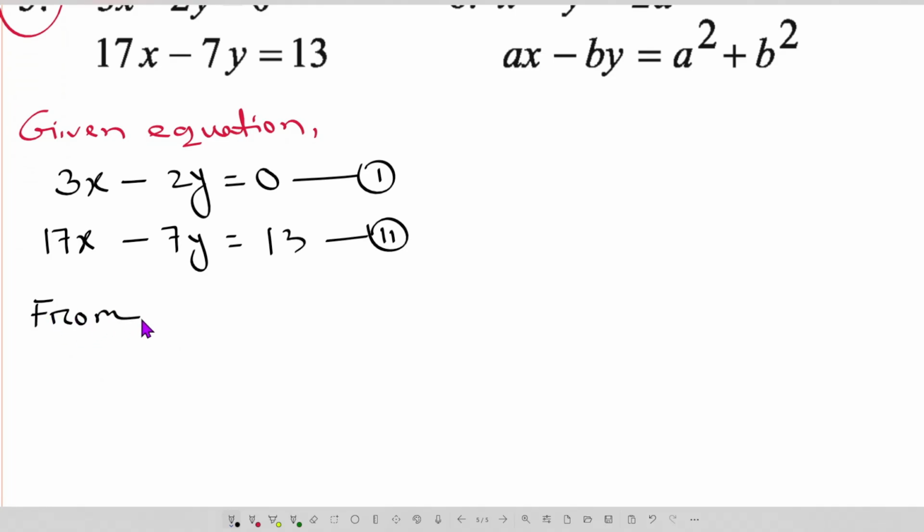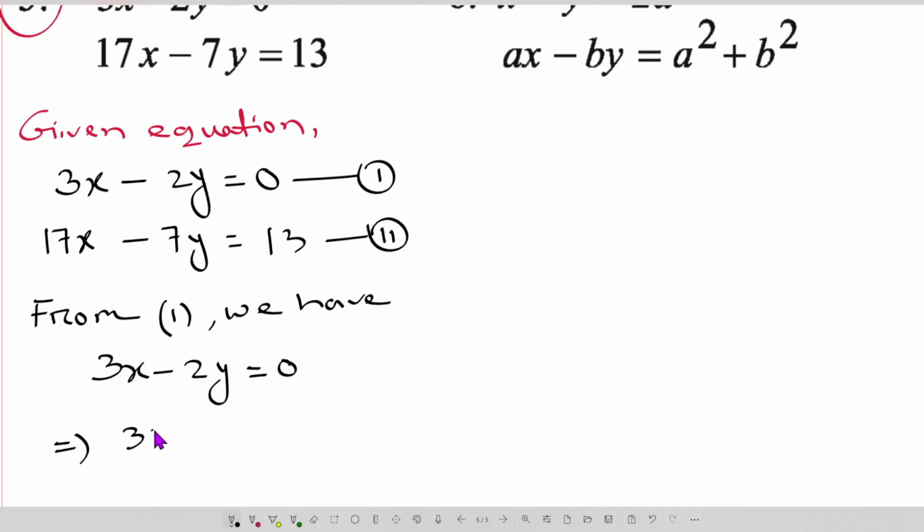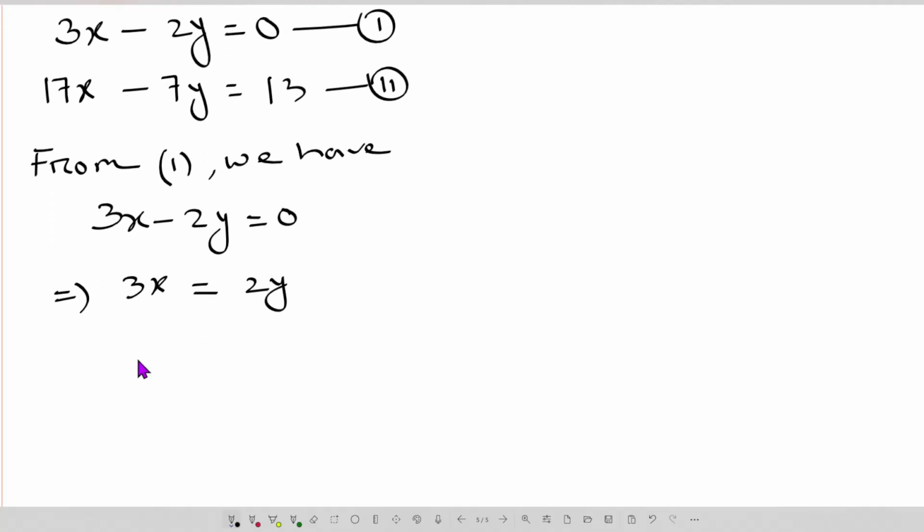From equation 1 we have 3x minus 2y equals 0, then 3x equals 2y, then we can divide by 3 on both sides, so x equals 2y by 3, and this is equation 3.